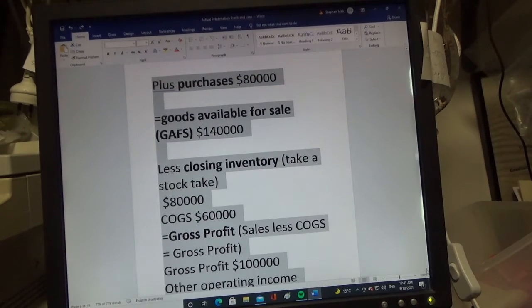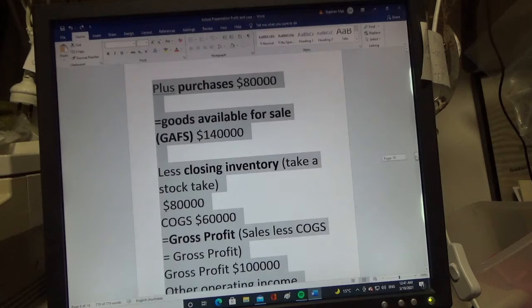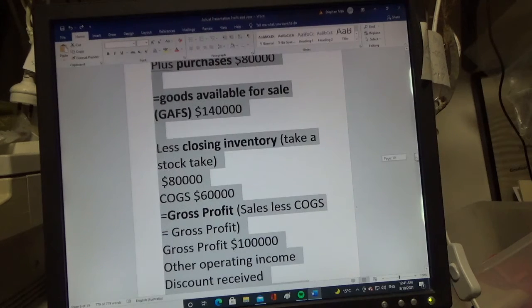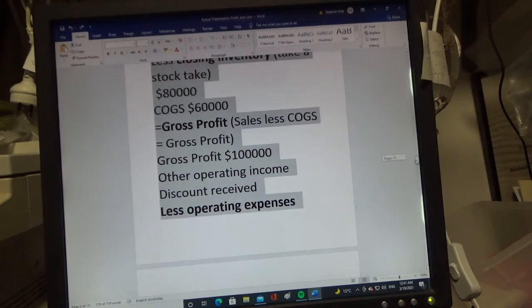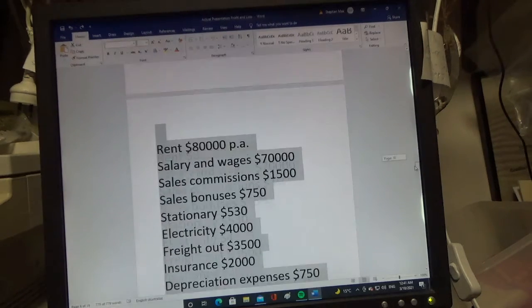So what is COGS? It's opening stock of the inventory plus purchases, which gives you goods available for sale, and then a stock take, minus closing inventory, gives you a COGS figure. So sales minus COGS gives you gross profit.